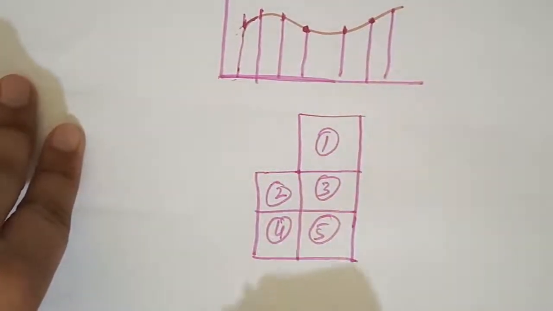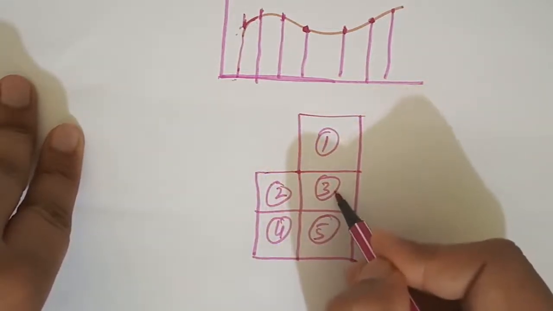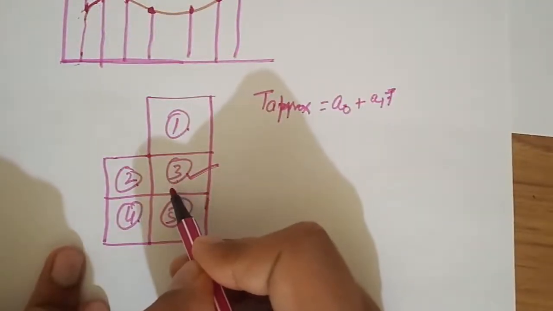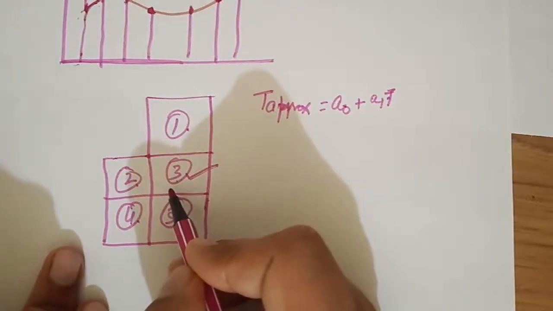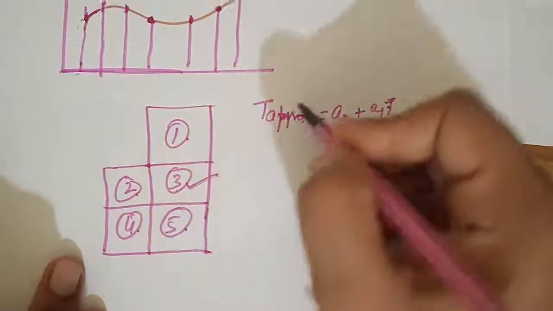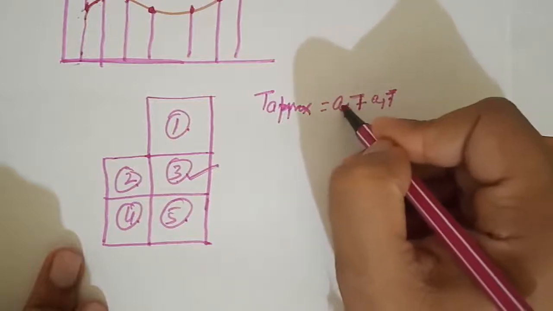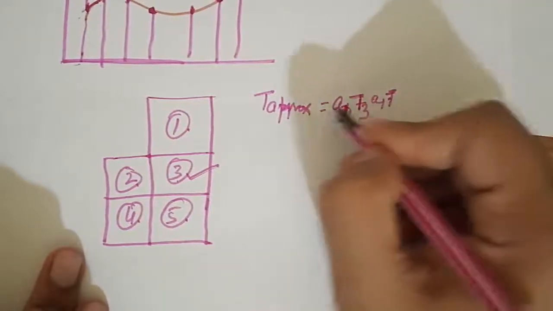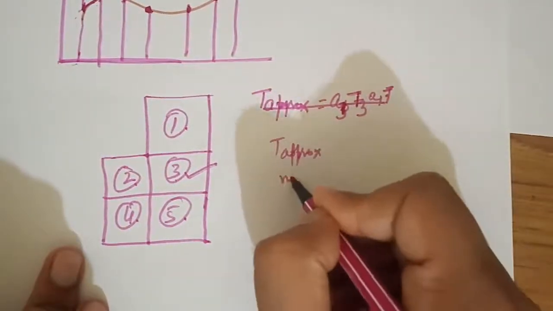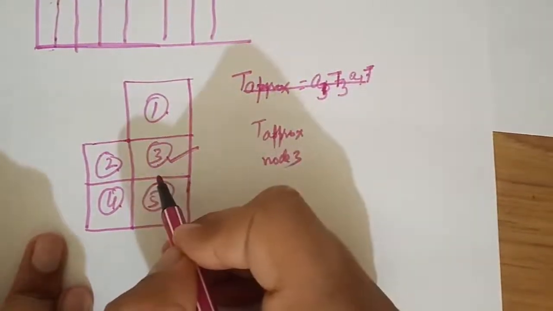Now for instance, we want to establish the connectivity relationship of node 3. So if we want to write down the equation for the interpolation polynomial for this element 3, we know that T approximate should be equal to A33 T3. So I write down T approximate for node 3. This is the interpolating function particularly for node 3.